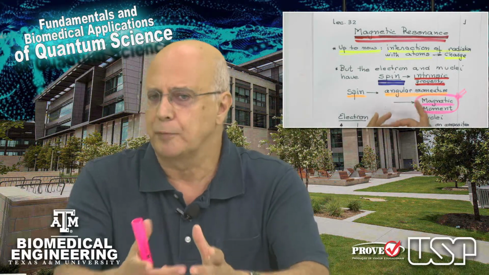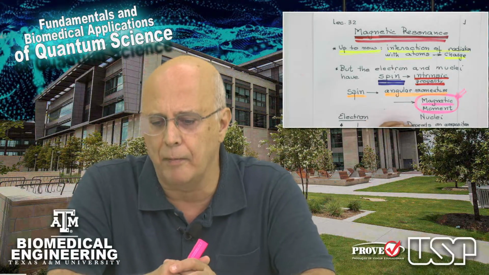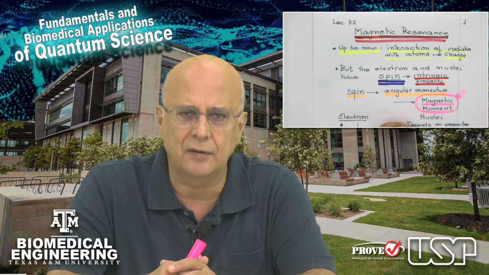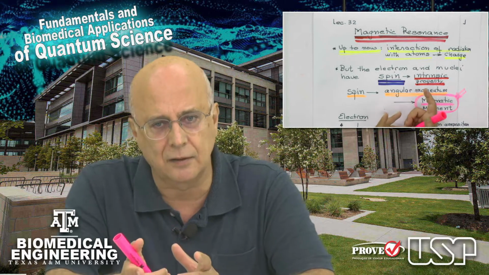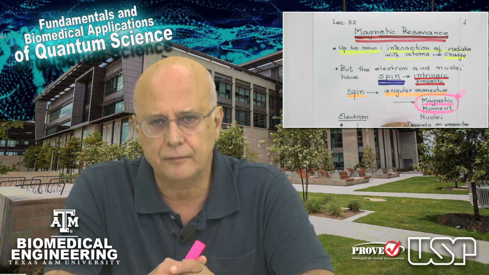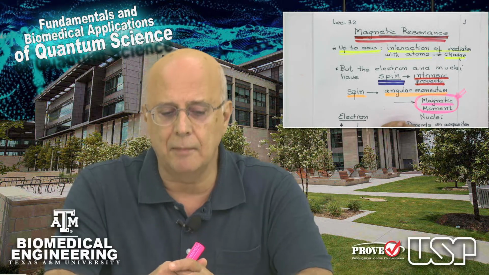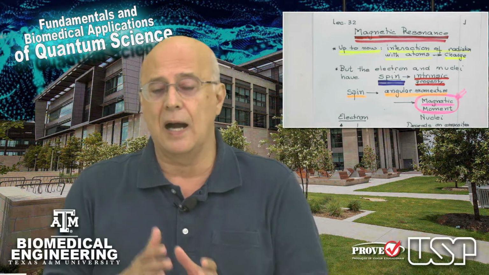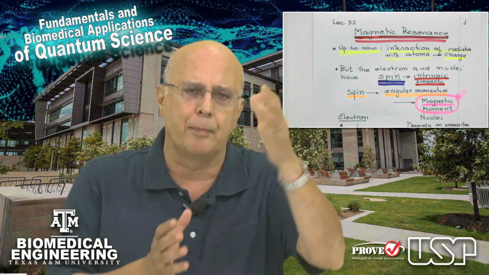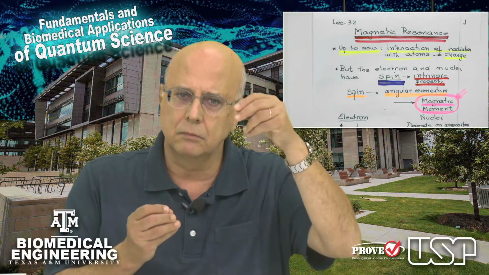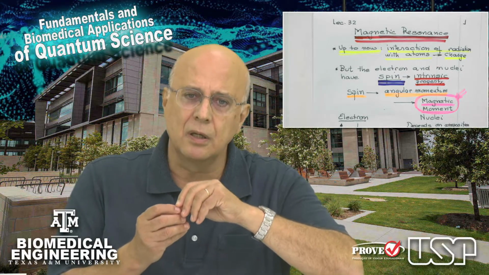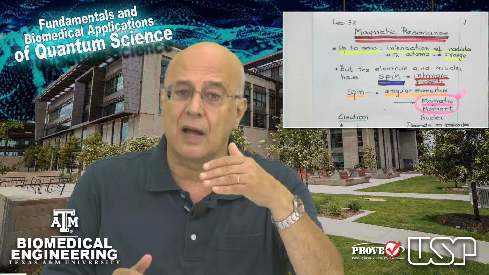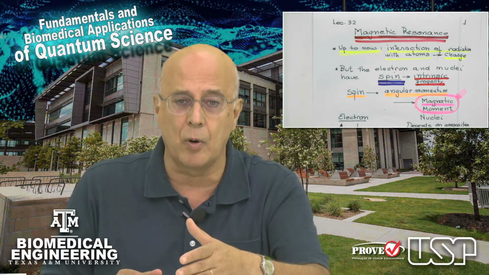Because if those particles have magnetic momentum, we know that they interact well with magnetic fields, right? And the magnetic field that they're going to interact with can be an external field that I put in there to distinguish the direction of this angular momentum.